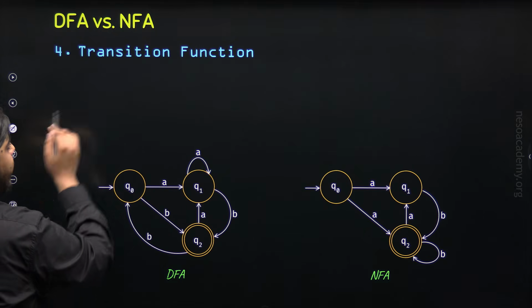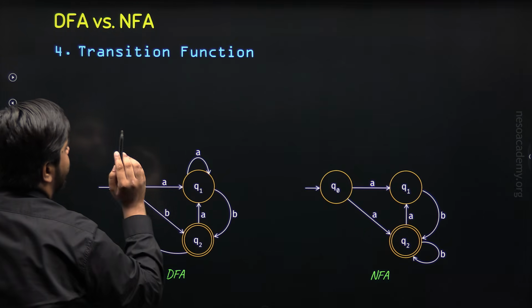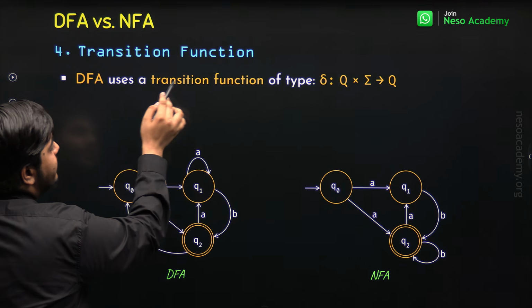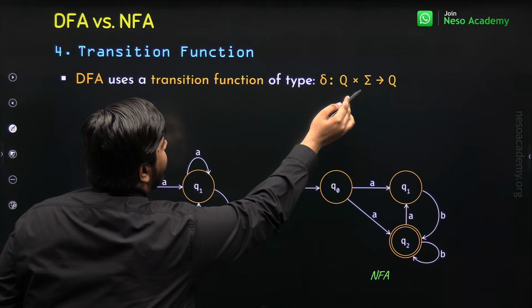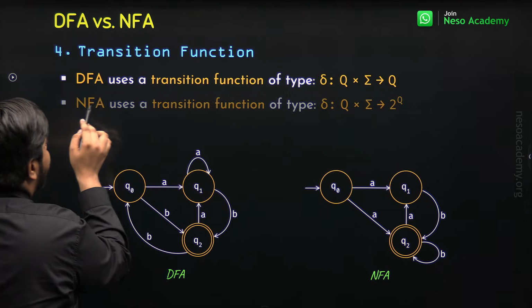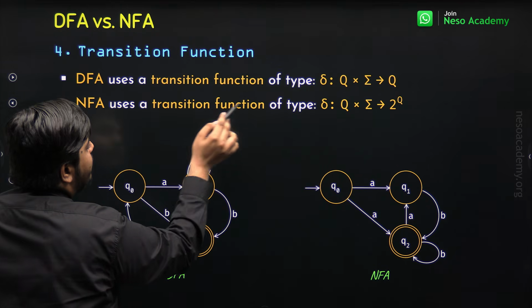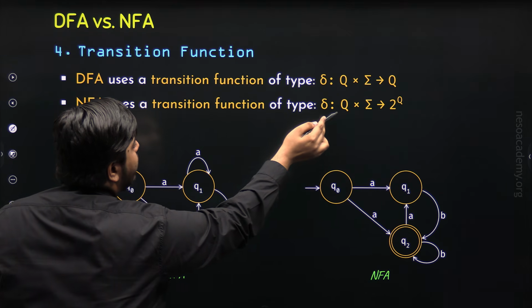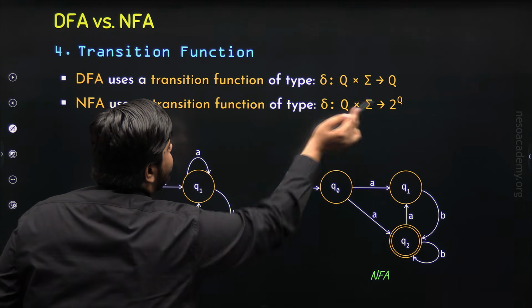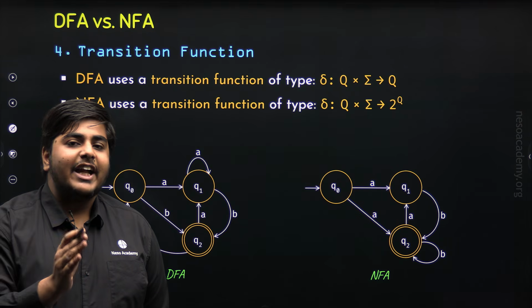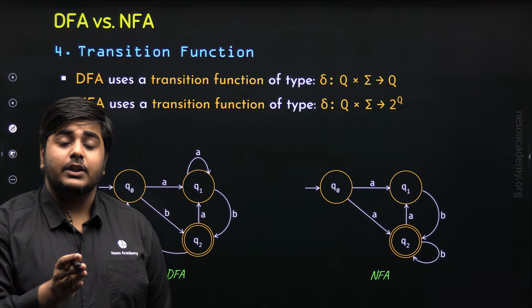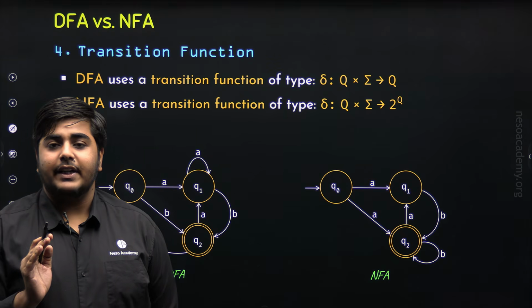The fourth property is transition function. DFA uses a transition function of type delta: Q cross sigma gives us Q. While NFA uses a transition function of type delta: Q cross sigma gives us 2 to the power Q. So I have explained you the 5-tuple representation of both DFA as well as NFA.